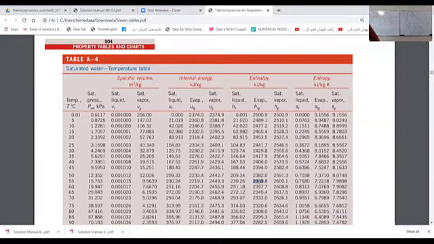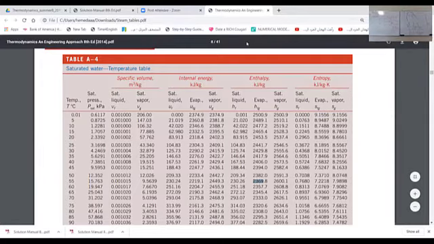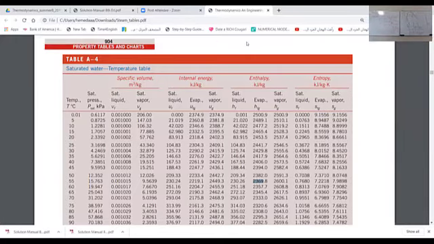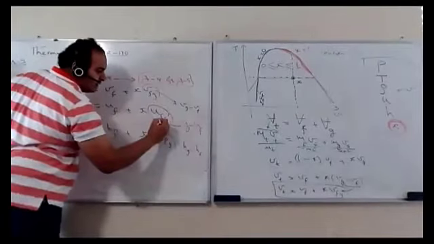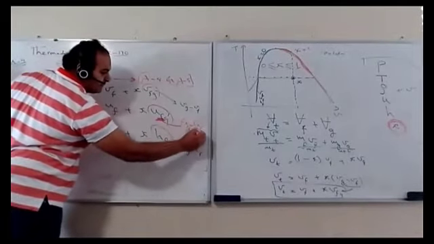Why do we put these guys? To make it simple for you. Many times you need this guy. So instead of getting UG minus UF, instead of getting HG minus HF, we put it for you as a column, as data. Just use it. It's faster for you, correct? So if you want UFG, it's UG minus UF.